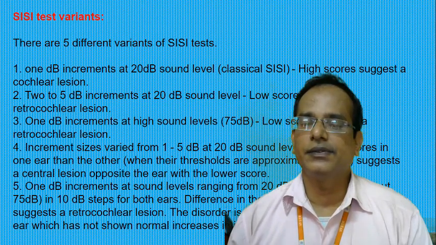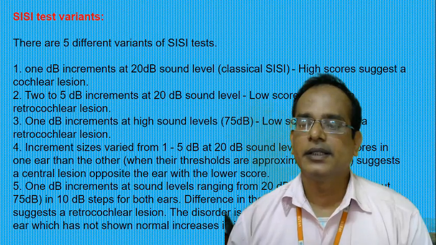Fifth one, a 1 dB increment at sound levels ranging from 20 dB to a high level of about 75 dB in 10 dB steps for both ears. A difference in the rate at which scores increase suggests a retrocochlear lesion. This disorder is located on the same side as the ear which has not shown normal increases in the intensity.